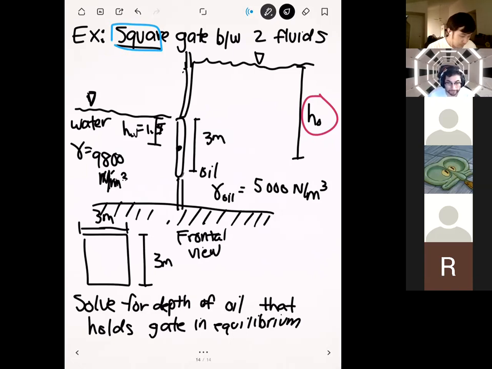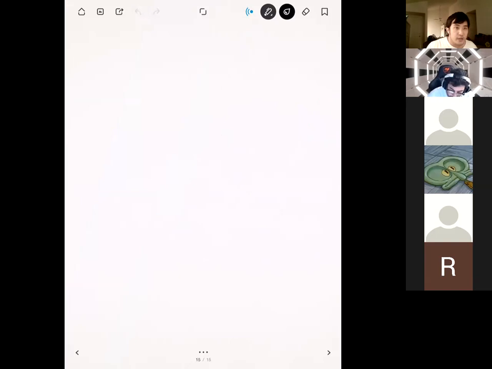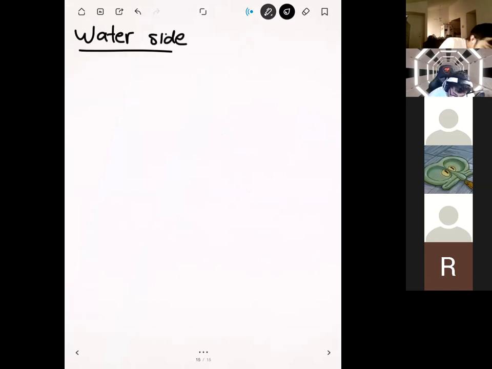Okay, so let's start with the water side, because on the water side we know everything. Just like we did with the gate problem, what we want to compute first is the magnitude and then location of the resultant force.